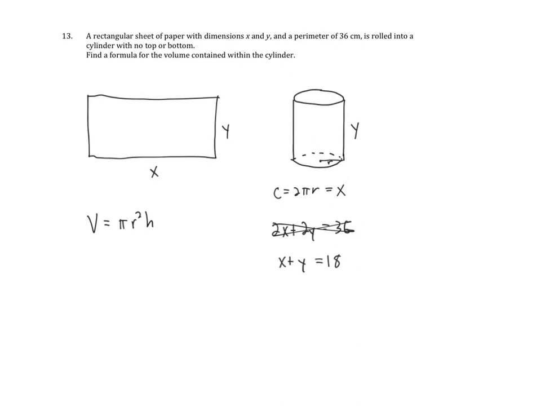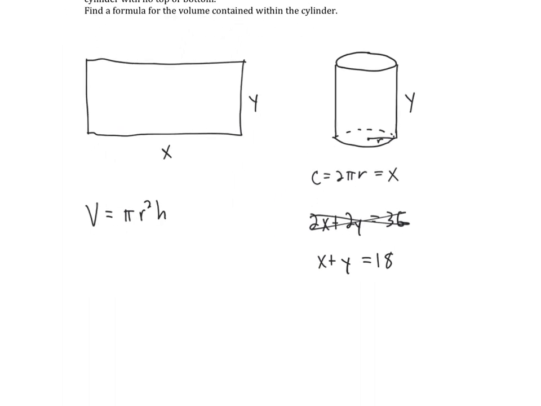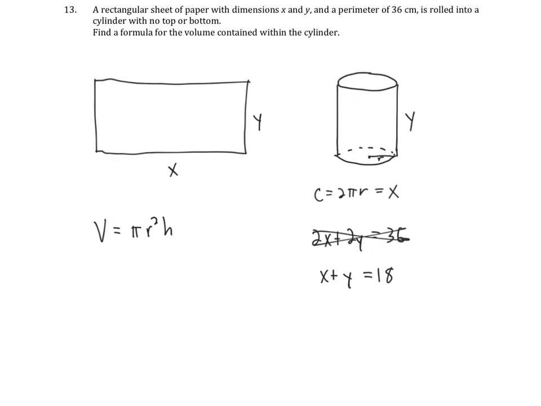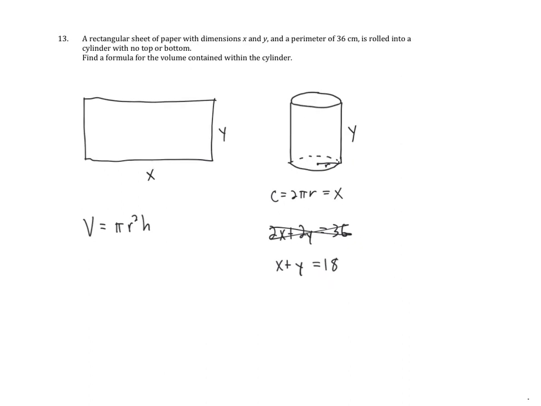All right, so now we have to substitute in to get this all in terms of one variable. So notice that we know that h is y, and now we want to get the radius in terms of y. This will be a little trickier. We can solve for r, which will be x over 2 pi.